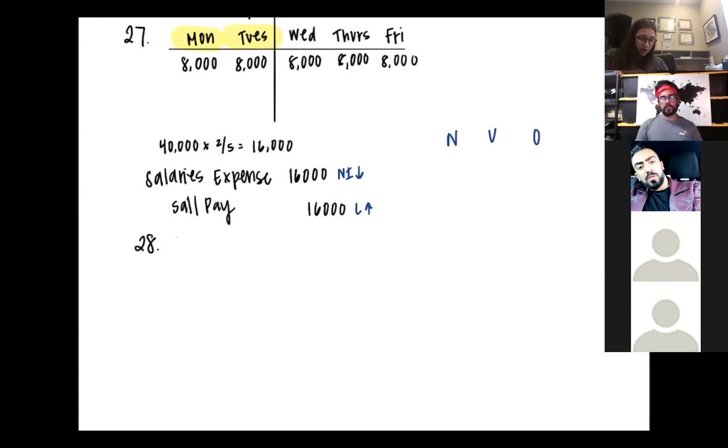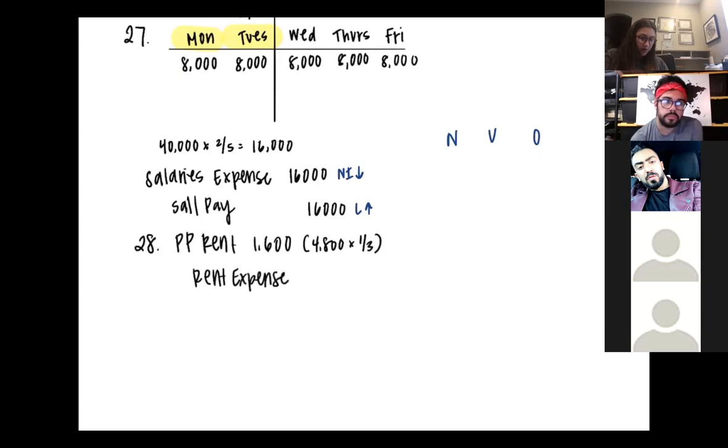So we have to debit prepaid rent for $1,600, which really doesn't matter, but this is 4,800 times 1/3, if anyone cares about the number. And then credit rent expense for 1,600. So prepaid rent is an asset, and rent expense affects net income.